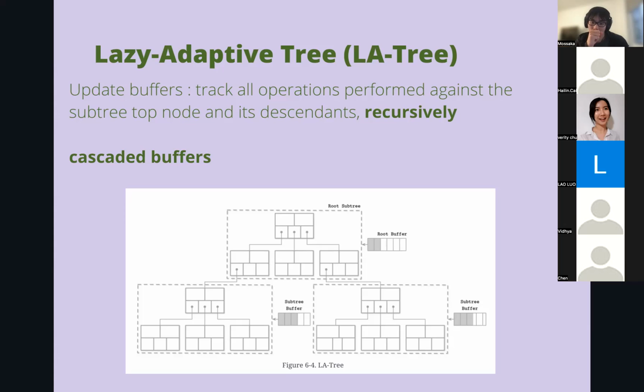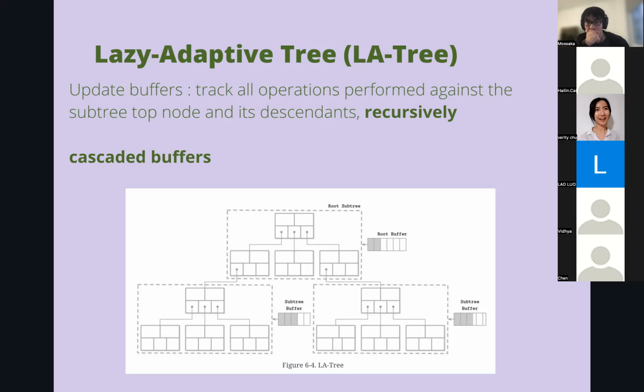So that's all we have for today's discussion. We looked into several different B tree variants, and also looked into how their implementations work and what their advantages and downsides are. In the next meetup, we will look into more about FD trees and the other two types of B tree variants in chapter 6.